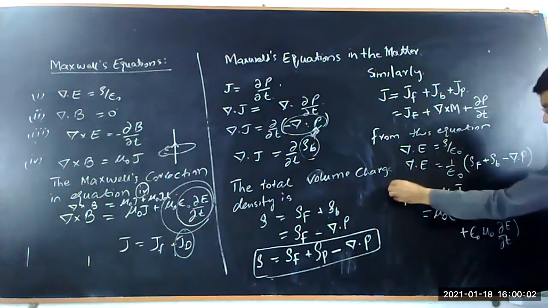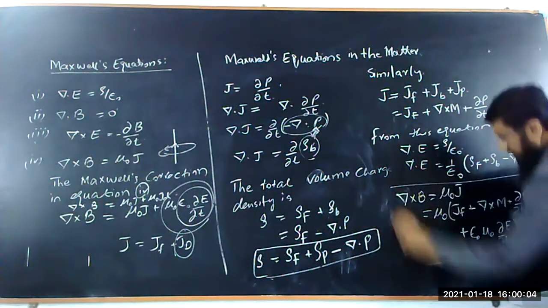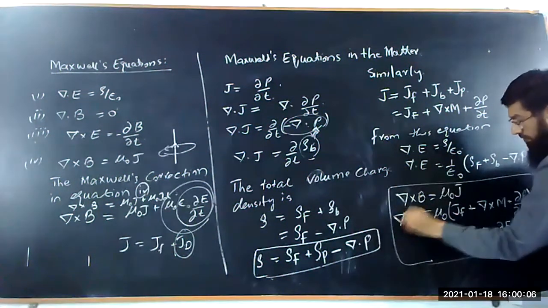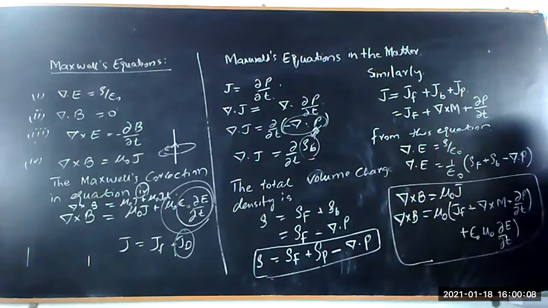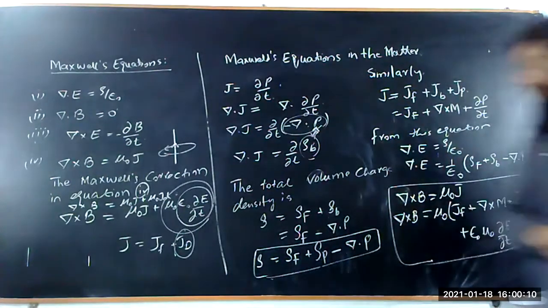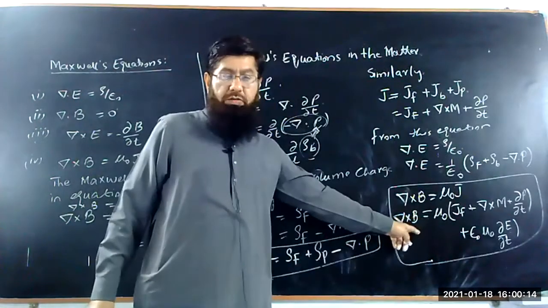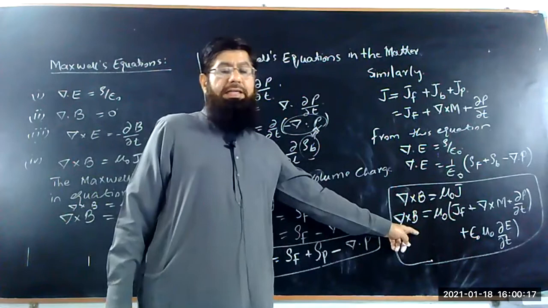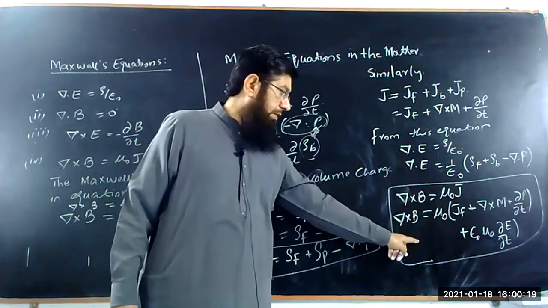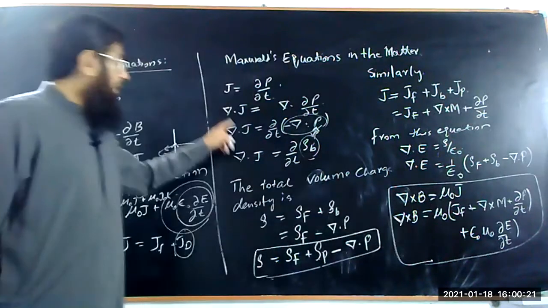So this is the curl of B. So this is the correction. This equation indicates the correction in Ampere's law when the field passes through the medium.